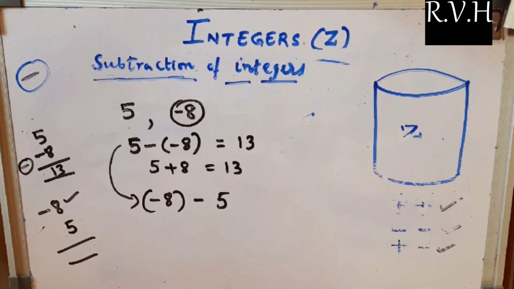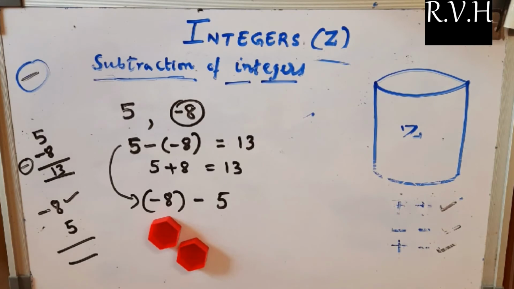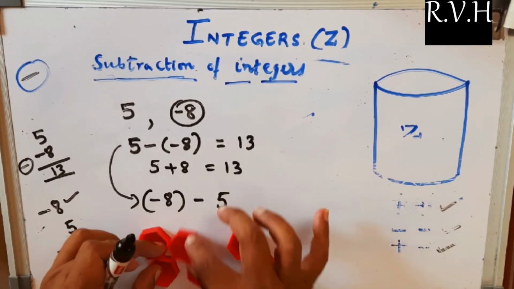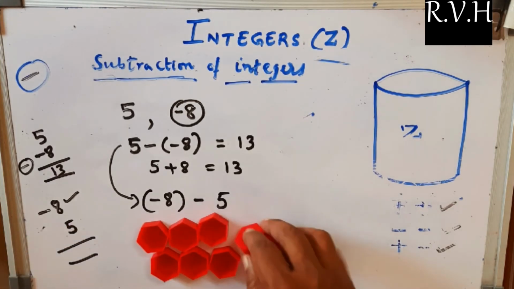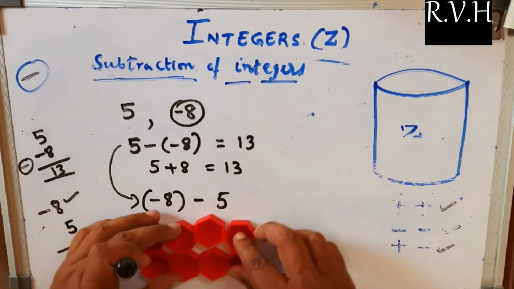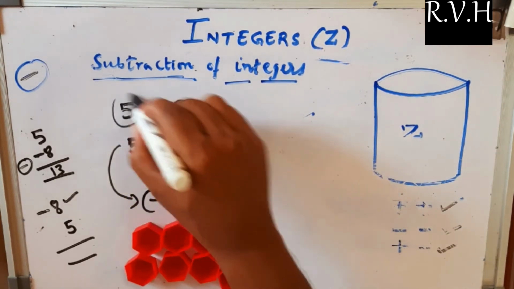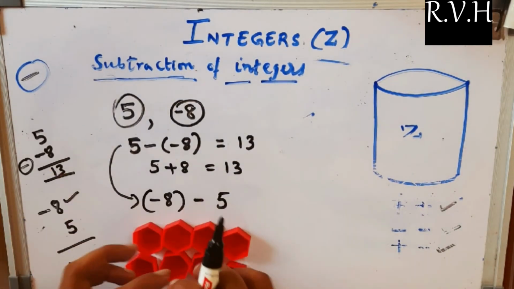So how can we deal with this? Since we have minus 8, we need to take 8 red ones, right? Because we are indicating red ones as minus numbers, don't we? I told you at the beginning itself. So out of this minus 8, I have to take 5. 5 means positive number. 5 green ones I have to take.